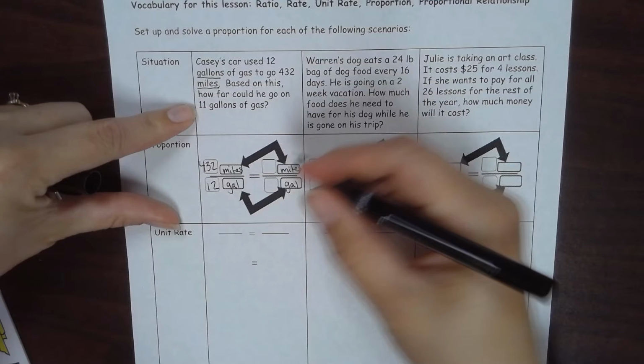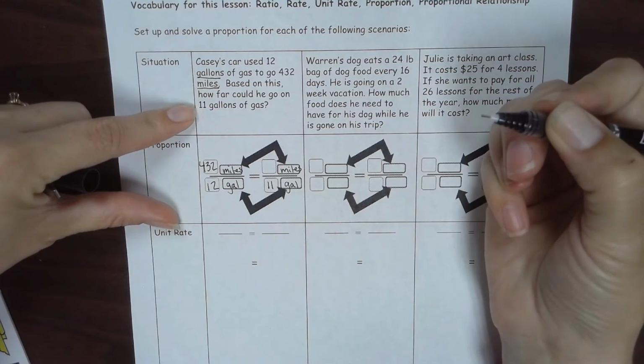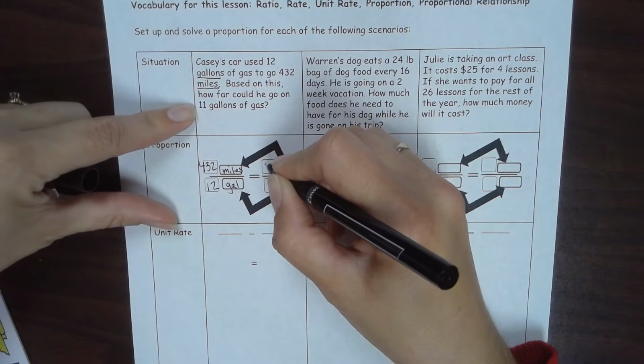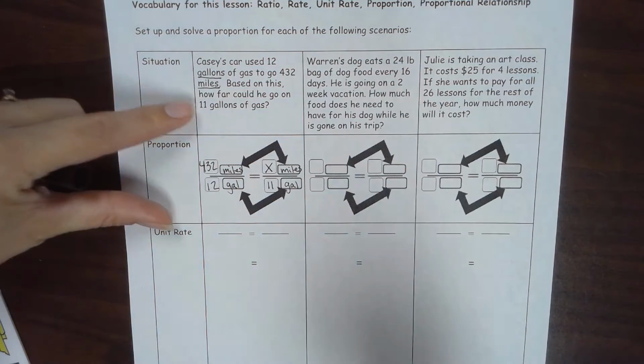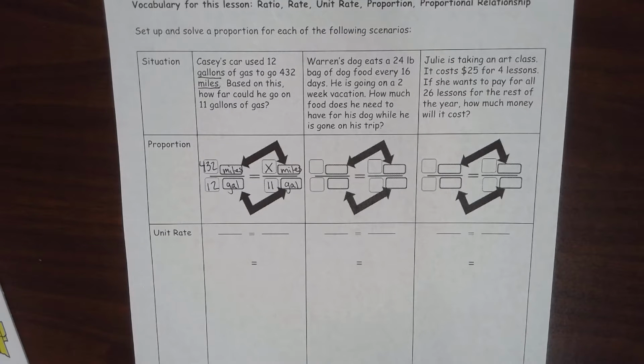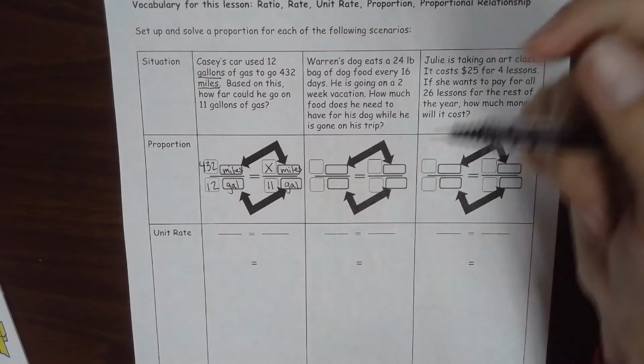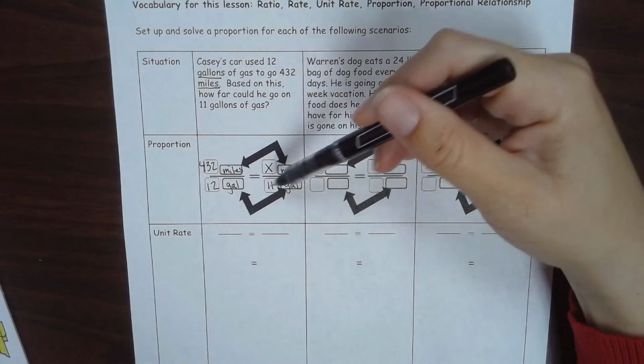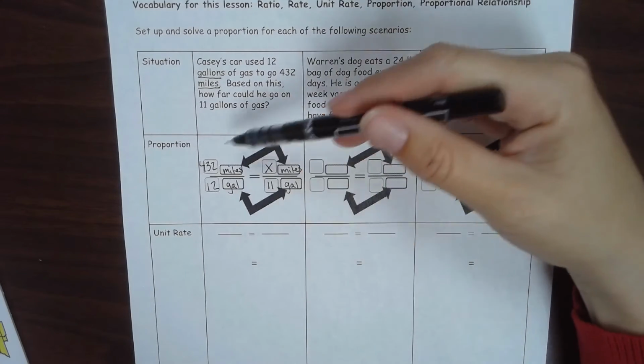We know 11 gallons of gas. We don't know how many miles, so we're going to use a variable to say that. I'm just going to say X. So we are trying to find a unit rate.